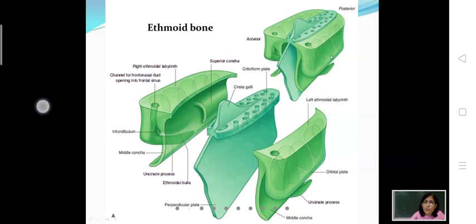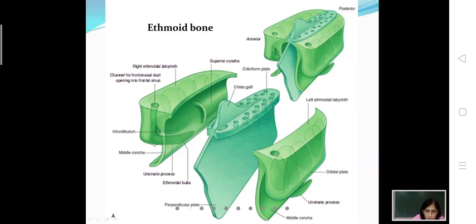So the ethmoid bone is a projection of middle ethmoidal air cells. Then this tract is the ethmoidal infundibulum, which penetrates the labyrinth of ethmoid and enters into the frontal sinus or communicates with the frontal sinus.